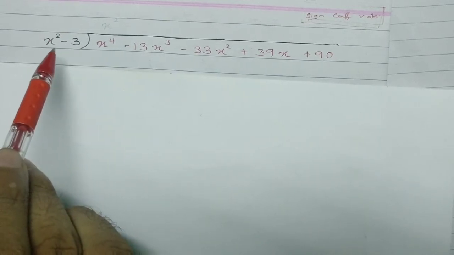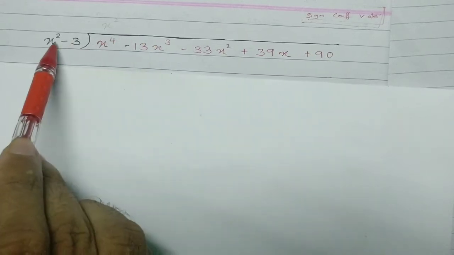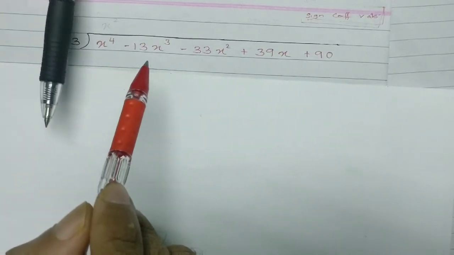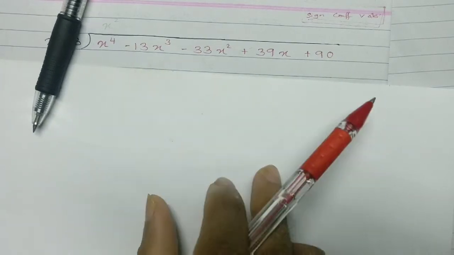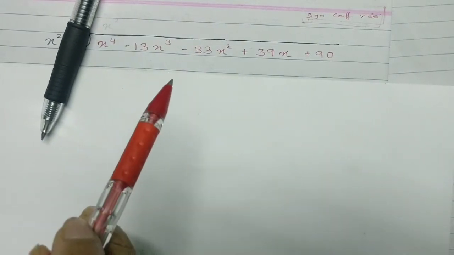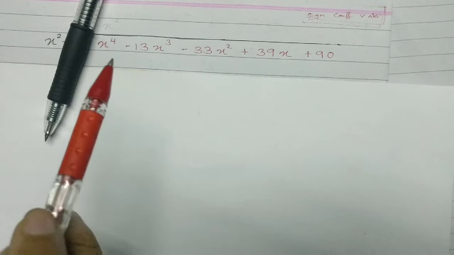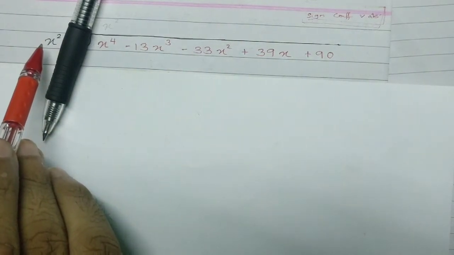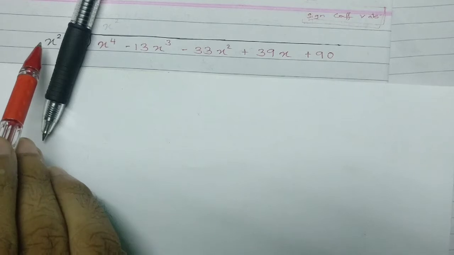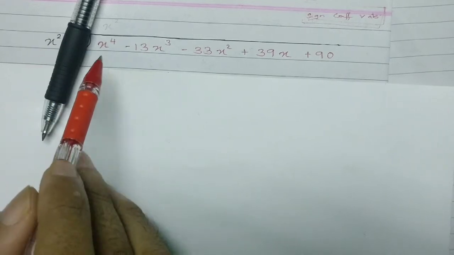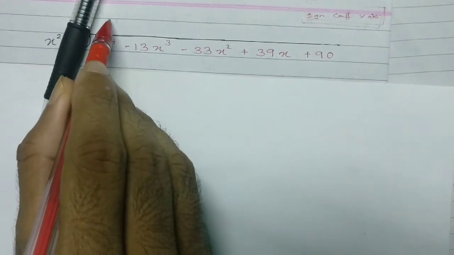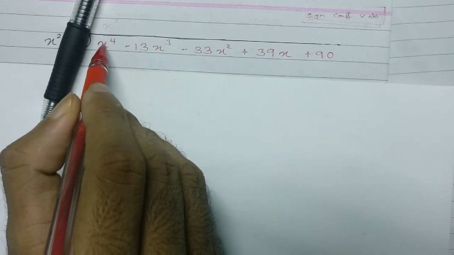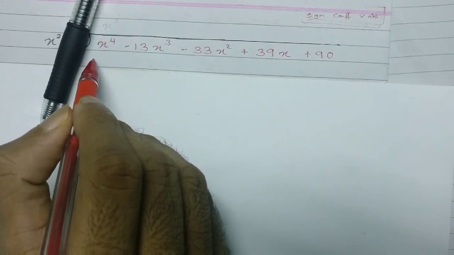Now I'm going to divide one entire polynomial by another. So to start with, I will hide my one term, that is minus 3. Now what I have over here is x square. I need to put something of my own over here so that I get the same term.